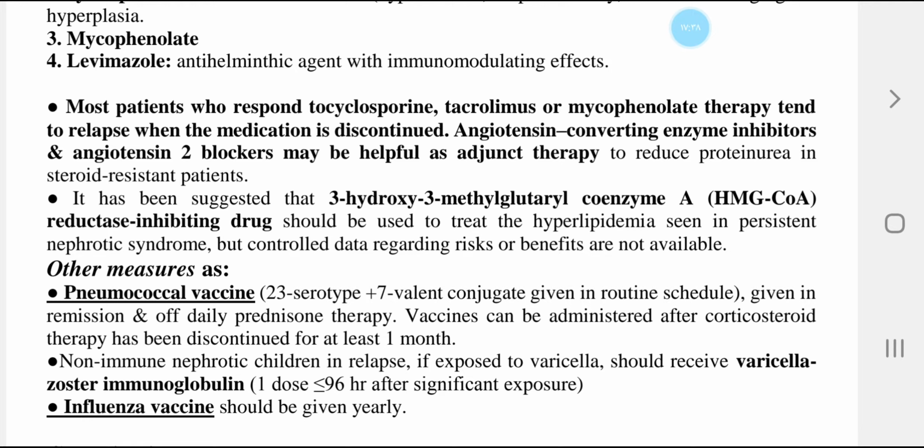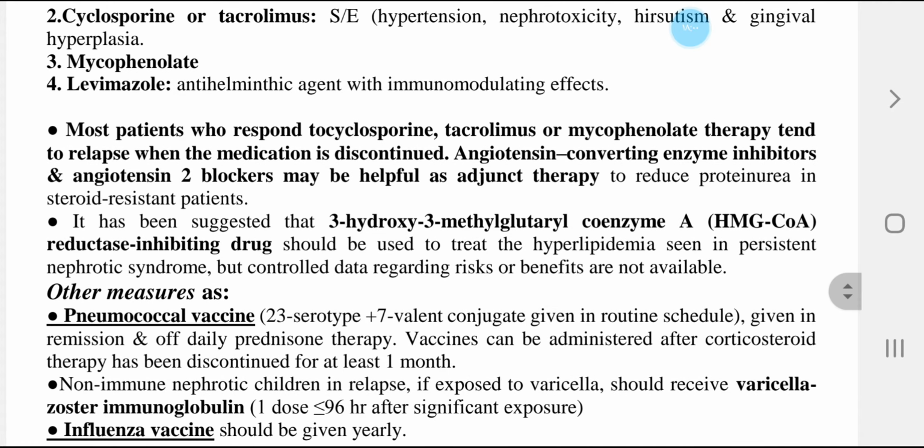It has been suggested that 3-hydroxy-3-methylglutaryl coenzyme A reductase inhibiting drugs should be used to treat the hyperlipidemia seen in persistent nephrotic syndrome, but controlled data regarding risk or benefits are not available.